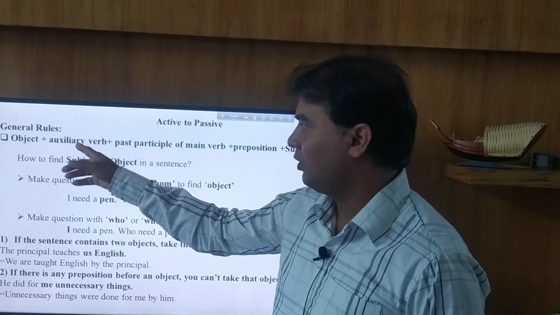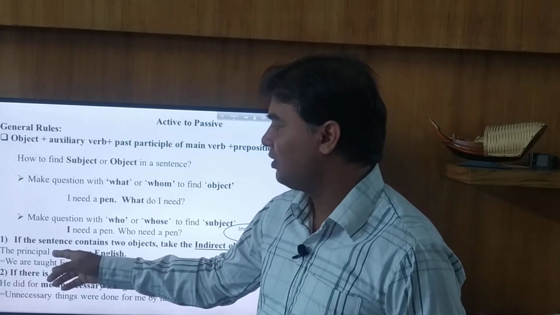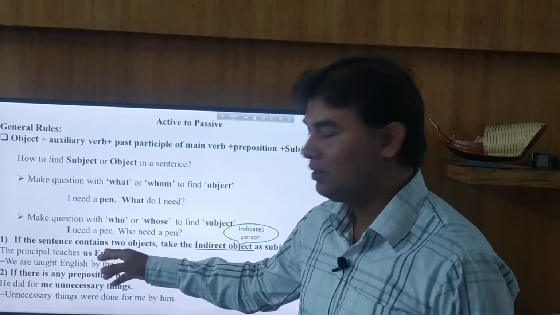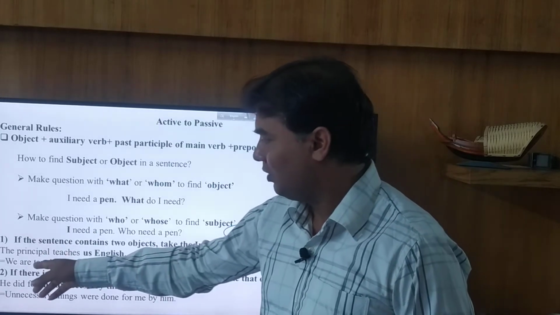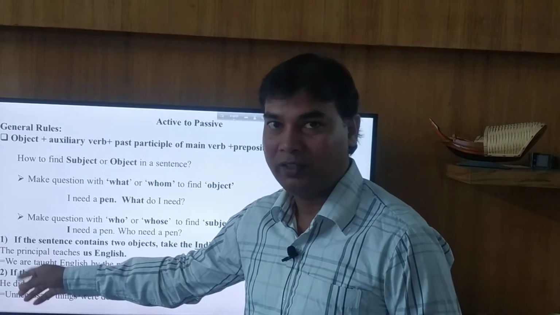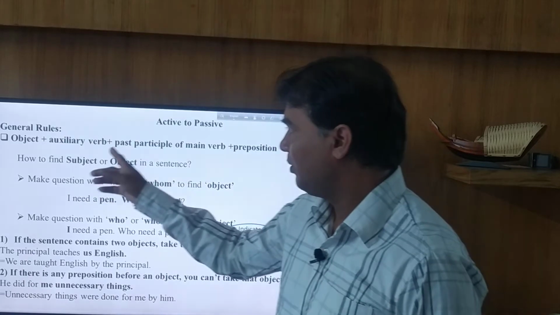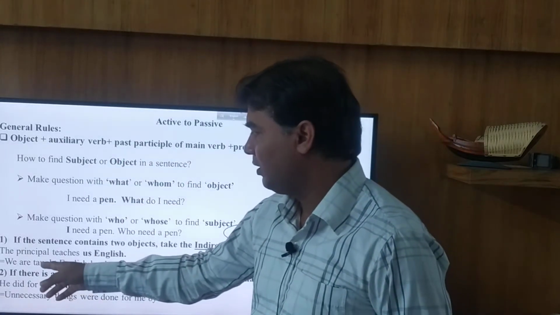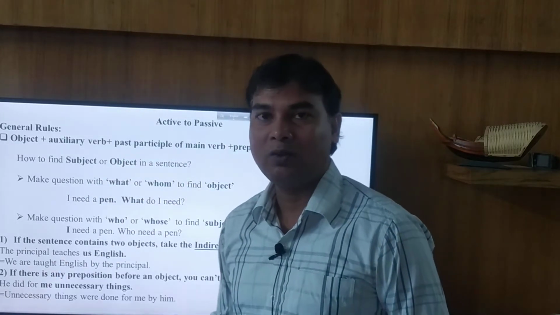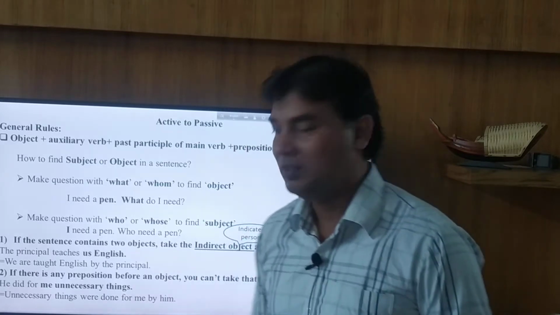Then according to the rule, we need to use an auxiliary verb. The sentence is in present tense, so the auxiliary verb is are. After we are, then past participle of main verb. Here the main verb is taught, and taught is the past participle form of teach.